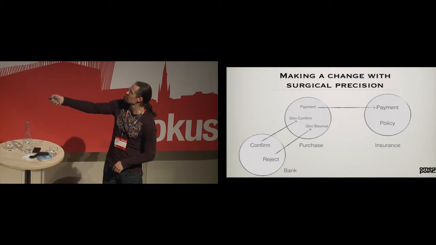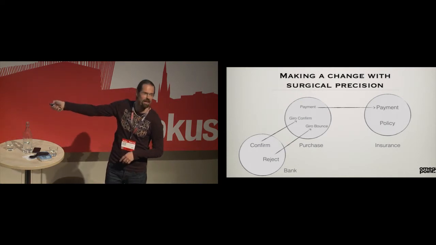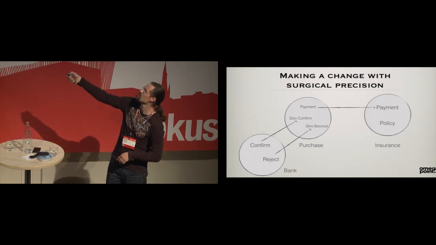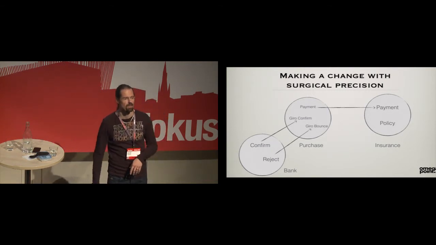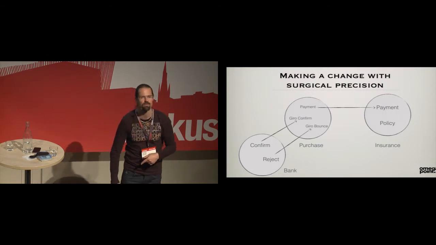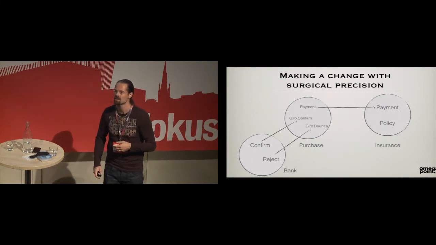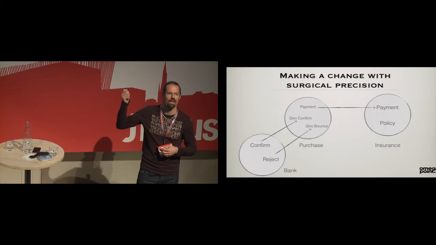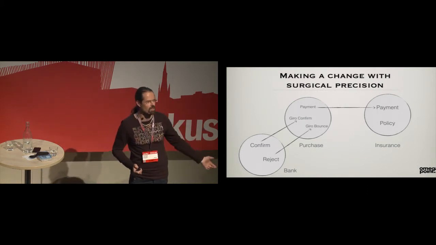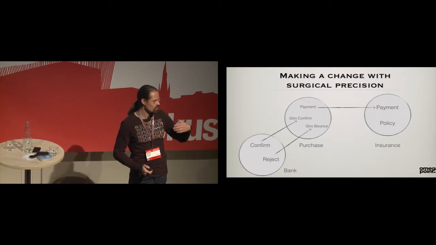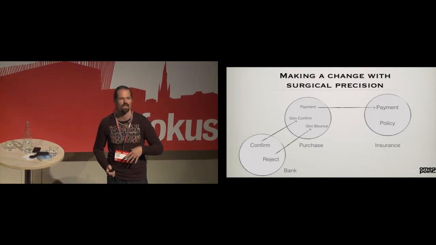The payment gets rejected from the bank, which ends up as a giro bounce. And the people over at the economy department will start talking to the customer and saying, you should pay your bill. But the insurance people over here will not know it. The policy will be prolonged, they will send out a new letter, and if you crash your car, you will get your insurance money.